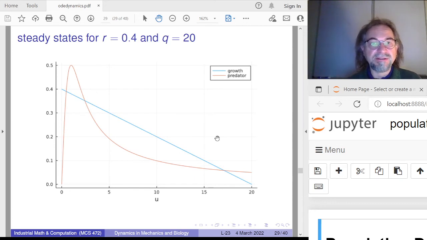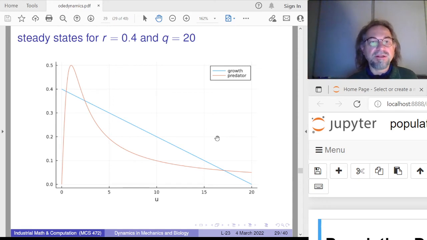Okay, so how can we see the steady state? We can say that this is a root finding problem. It's actually more interesting to draw the curve of the right hand side, here for a particular rate R and a particular Q value. We have in blue the growth factor. Because of the carrying capacity, the growth rates go down. So these are rates.